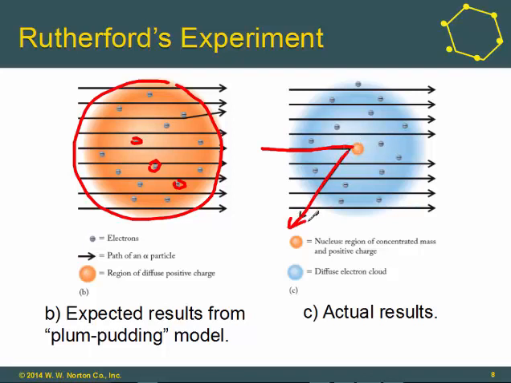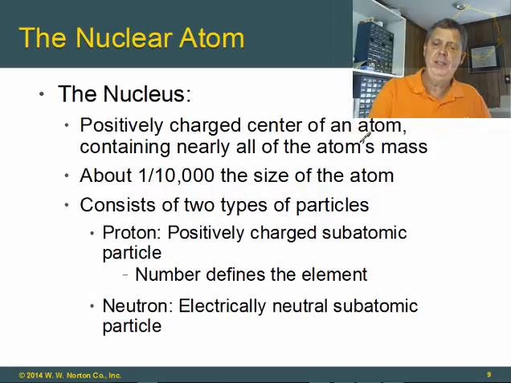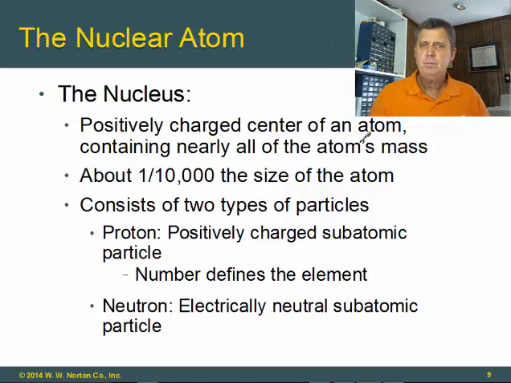It's like a BB hitting a bowling ball, because the alpha particle is very small relative to the gold nucleus, which we now know. So that's why these particles bounce back: you're hitting a very large object, but it's a very large object that occupies very little space. So again, most alpha particles will go straight through, but if they happen to hit this small nucleus, then they get bounced off. And this leads to our more modern understanding of the structure of an atom.